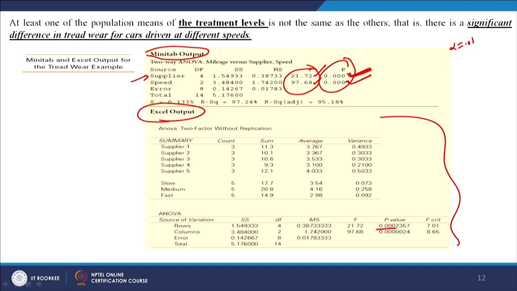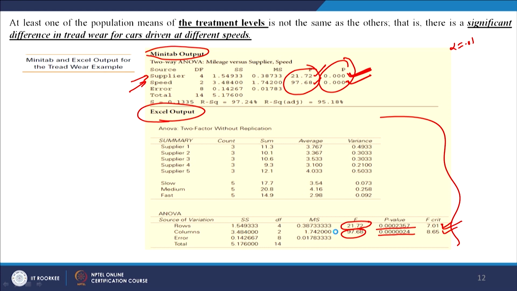So, just see this is as good as 0, then for speed which is column, right, p value is again approximately 0, f values these are critical values of f, right. So, these are critical values and these are actual values, right. So, you can see that these f values are greater than critical values. So, you need to reject null hypothesis.